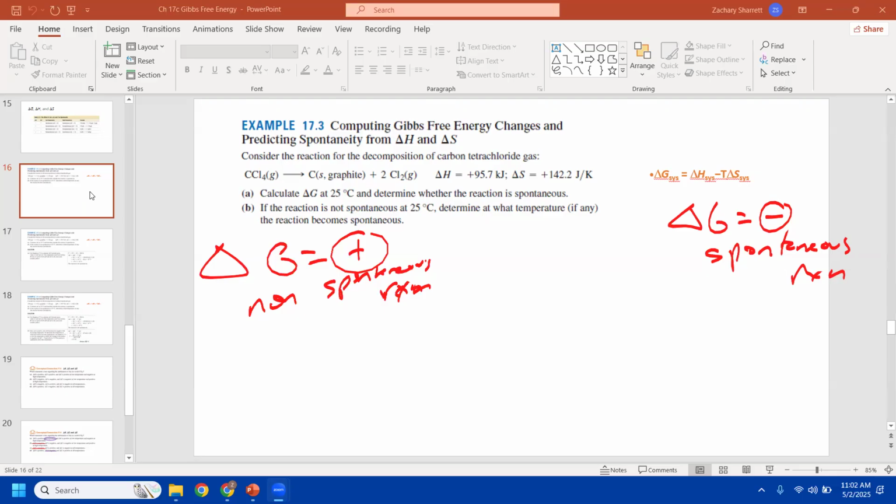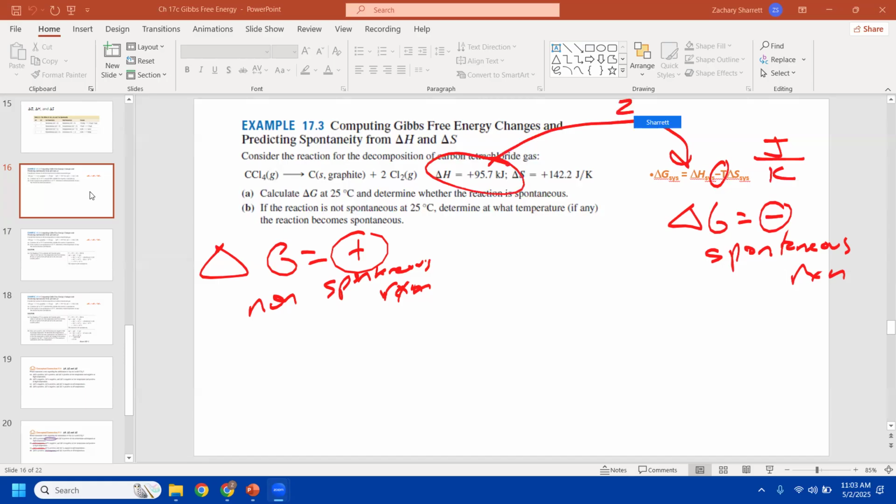So what we want to see is, is this reaction spontaneous at 25 degrees in part A? So we take the deltaH, it's 95.7 kilojoules, but then notice that if deltaS is in joules per Kelvin, what must the temperature be in for the units to cancel? Kelvin.